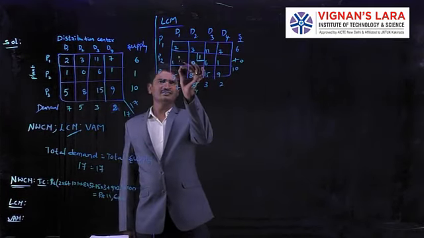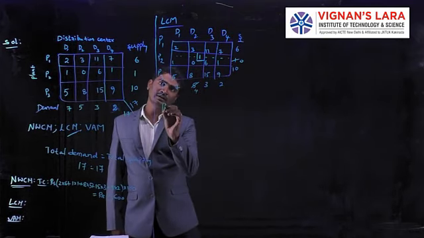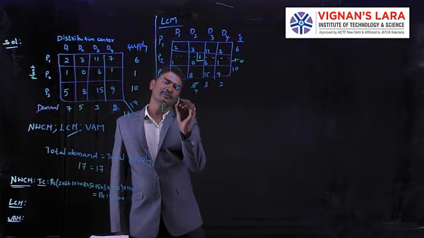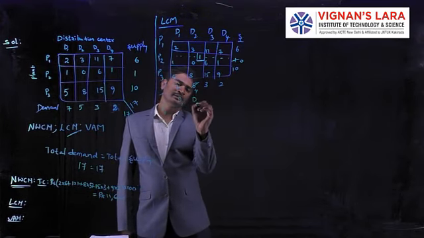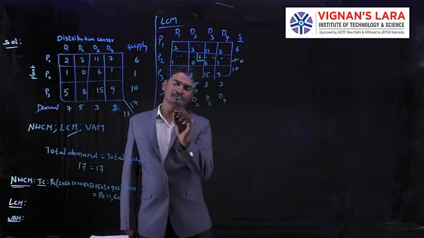For further iterations we are going to remove this row, so finally we get P1, P3, and the demand stations D1, D2, D3, D4.